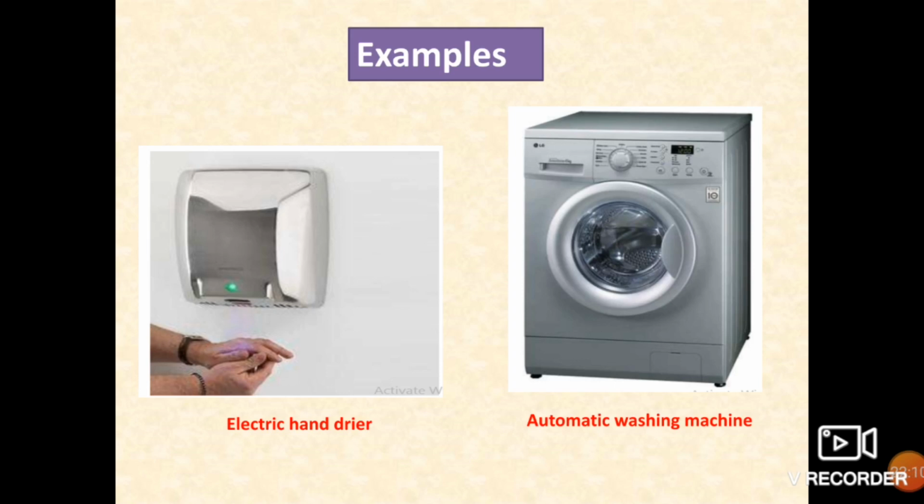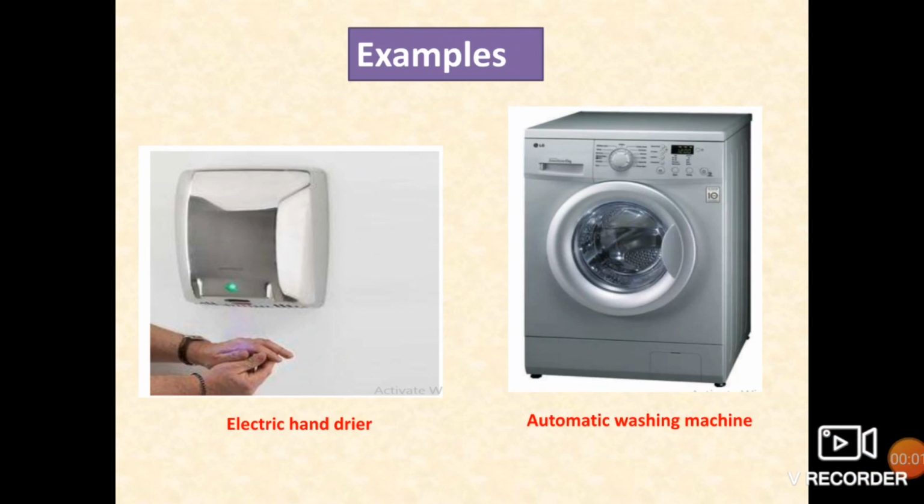The output is not automatically corrected. If, when the hand is dried, the electric hand dryer turned off, sensing whether the hand is dried or not, and then automatically turned off, it would be a closed loop control system. But here, in this open loop control system, the electric hand dryer does not.